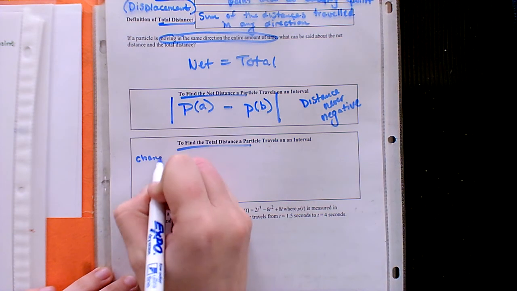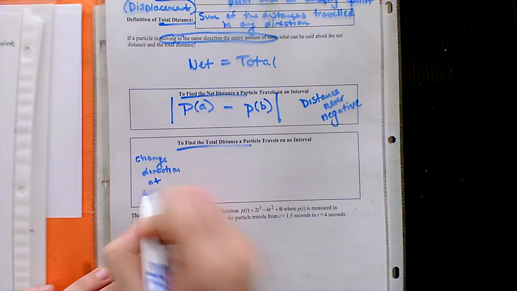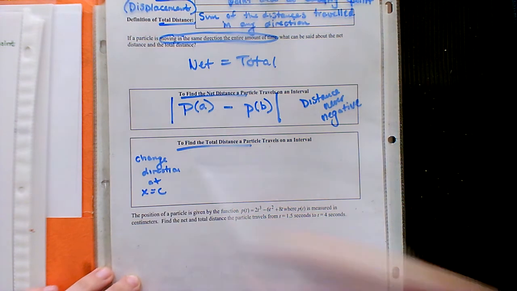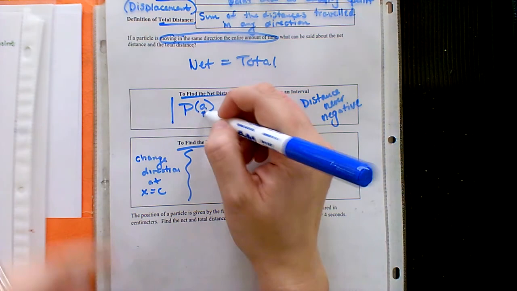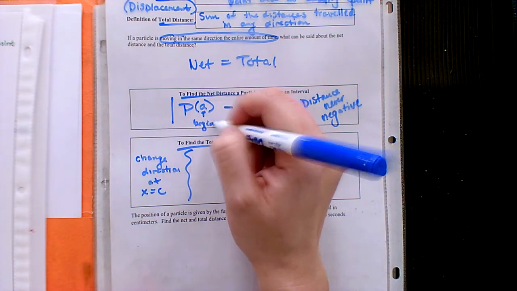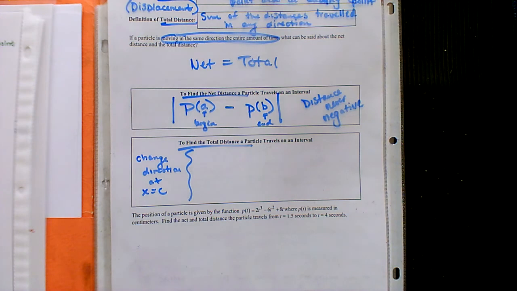So we'll say we change direction at maybe x equals c. Okay, how can we find our total distance? Remember, we let A be the beginning point and B be the ending point or ending time. How can we figure out total distance?